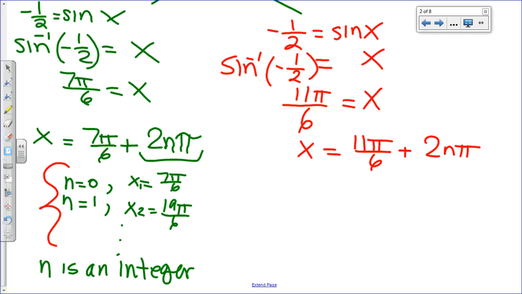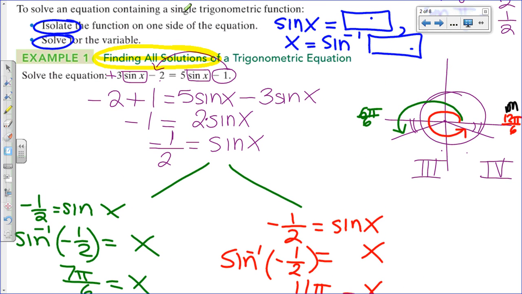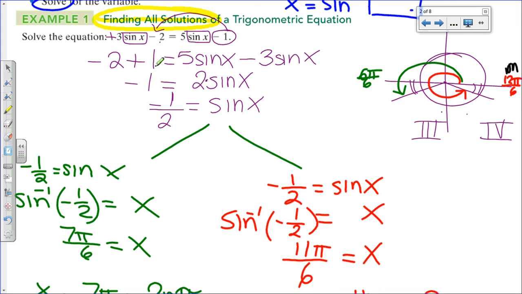Yes. If the question is all the solutions, yes. But we're going to do others where we will be asked just to find the solutions from 0 to 2 pi. So you have to be careful when you read the question. Do they want all, or do they just want specific ones? Okay? All right, so let's go to the next slide.